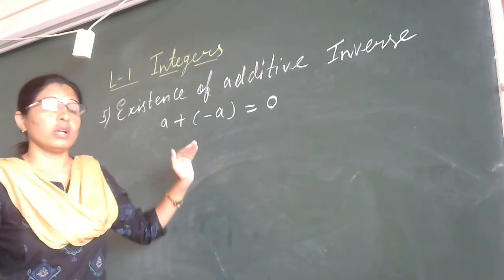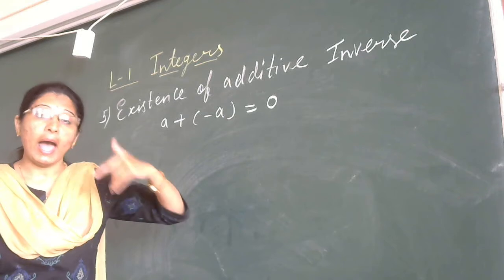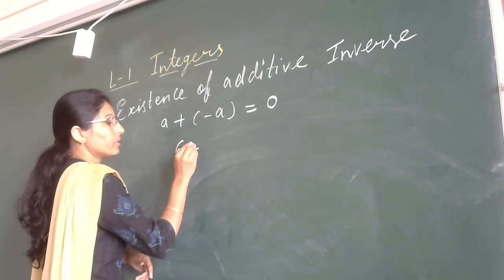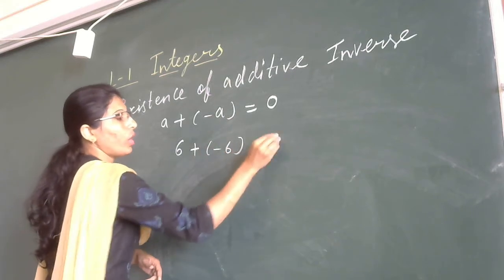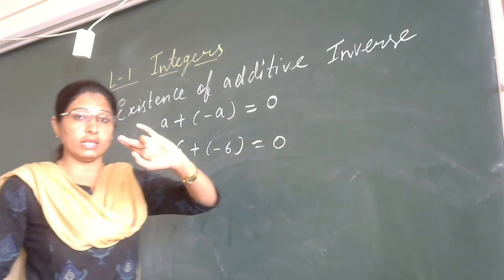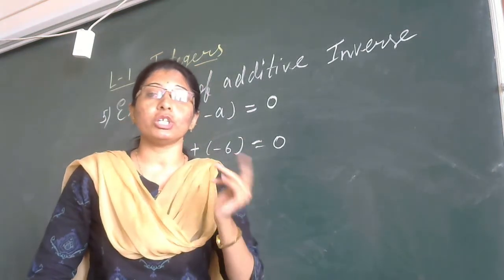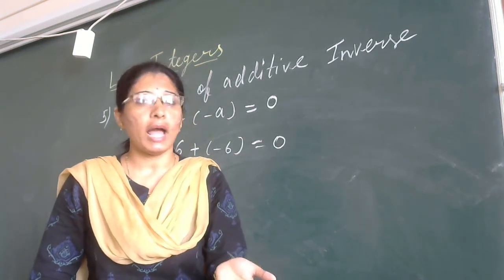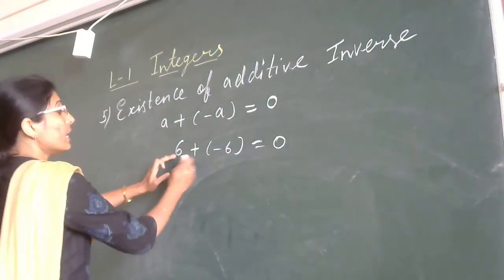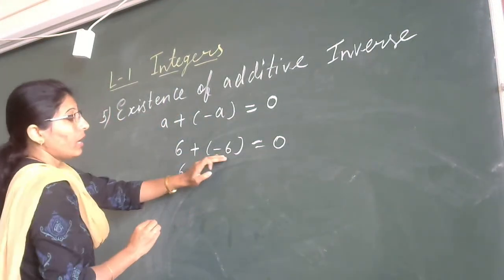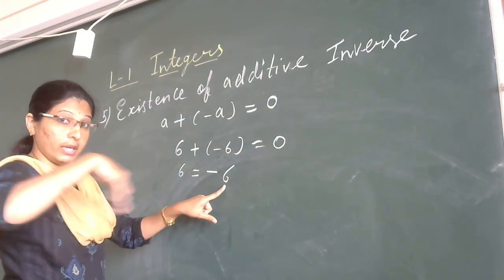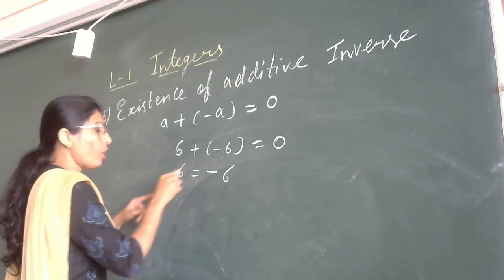In simple words, take the same number having one positive and one negative sign, 6 and minus 6. What will be the answer? If you add 6 and minus 6, the same integer having different sign, we will get the answer 0 only.